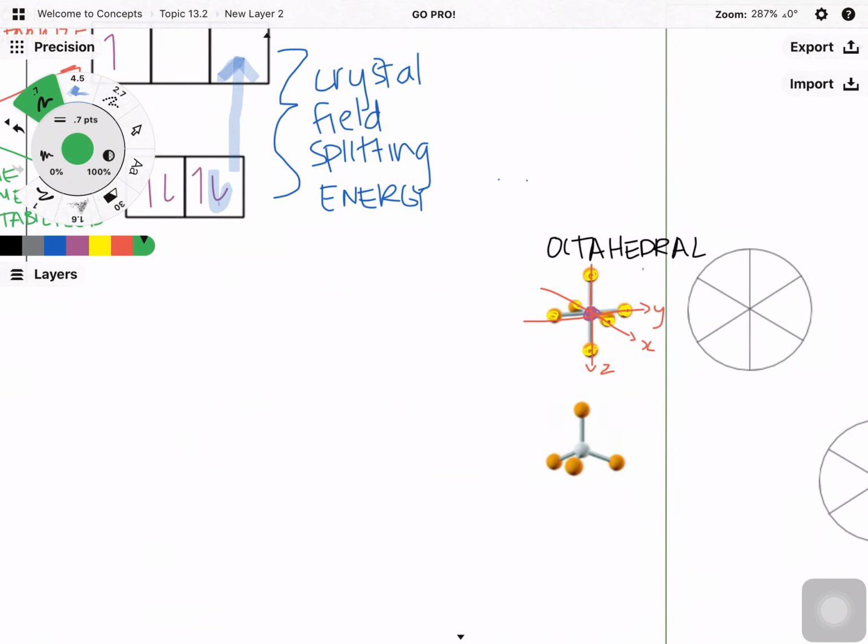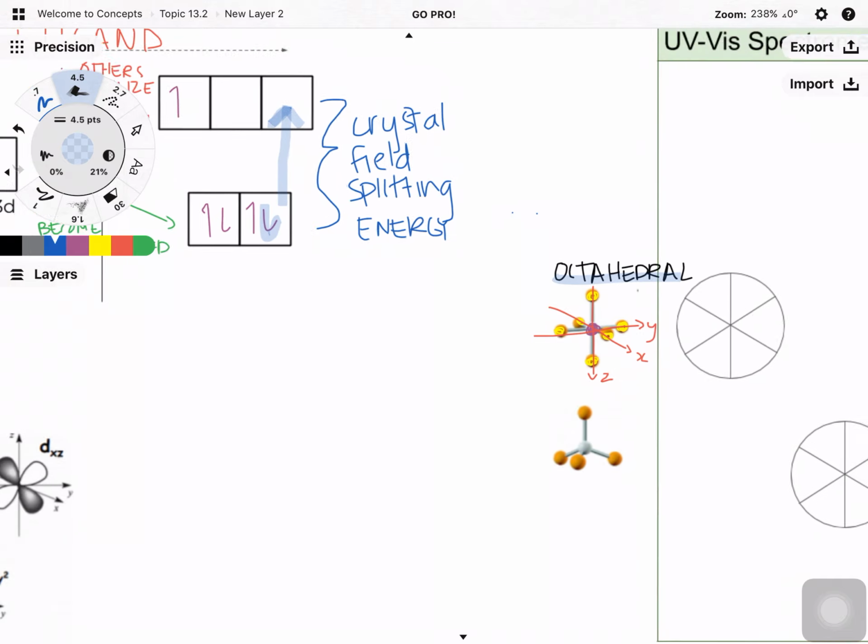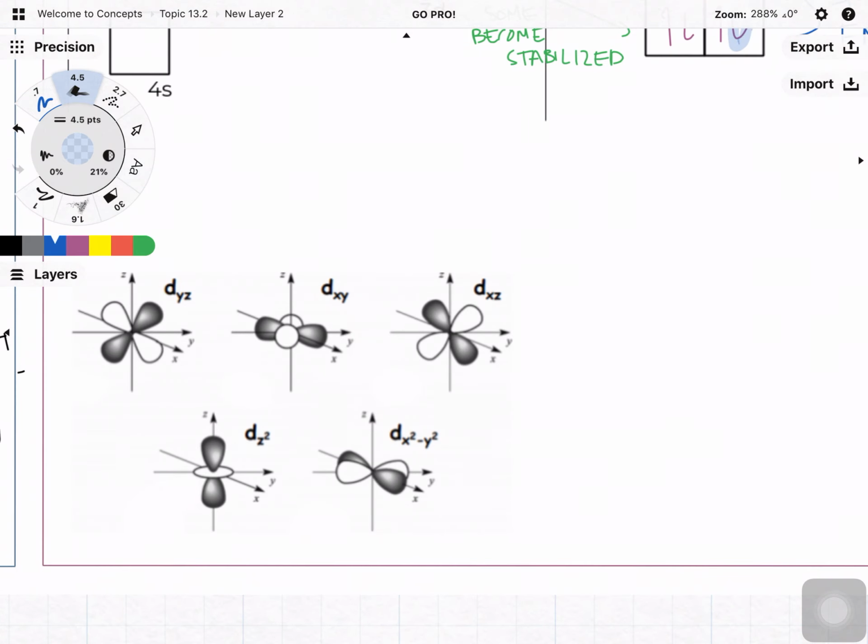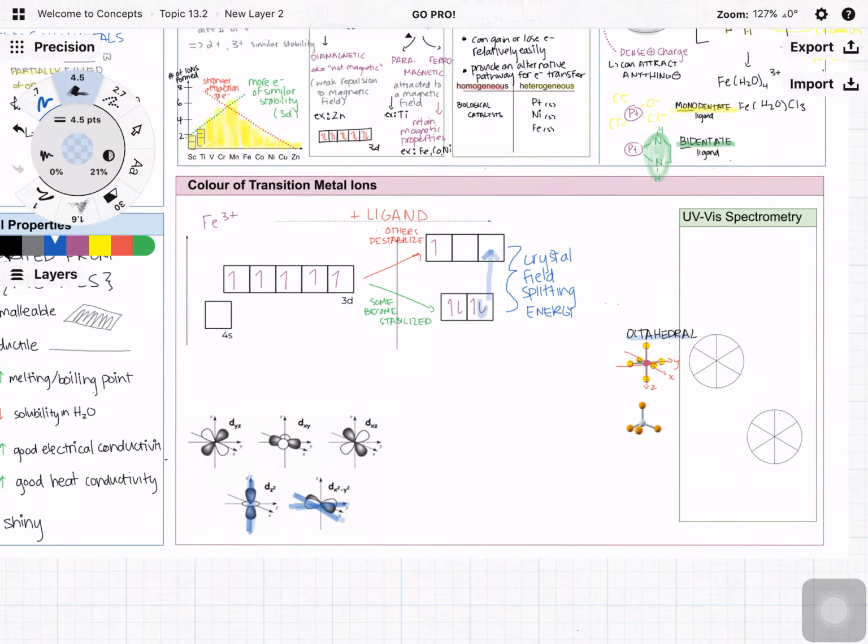So let's do octahedral in, let's say, blue. If we take a look at the electrons, you'll notice that electrons in the dz squared orbital are directly along the axis. Similarly, electrons in the dx squared minus dy squared orbital are also along that axis.